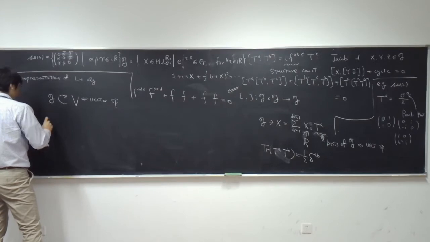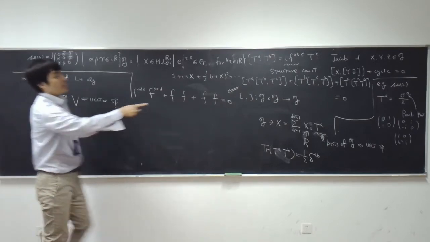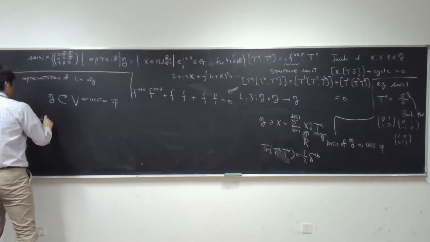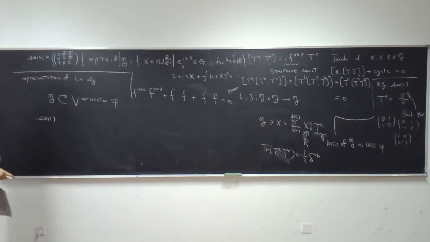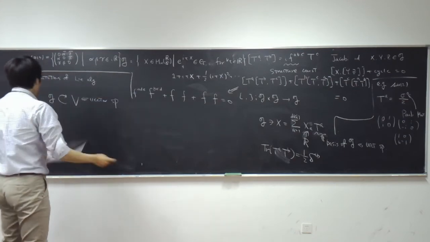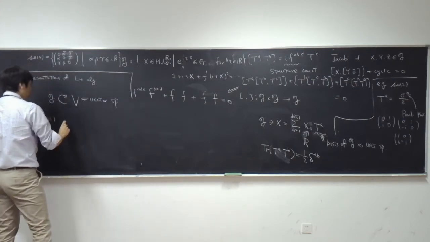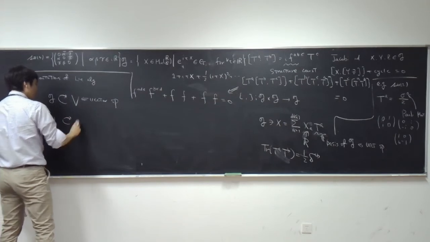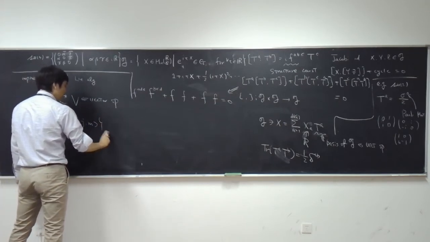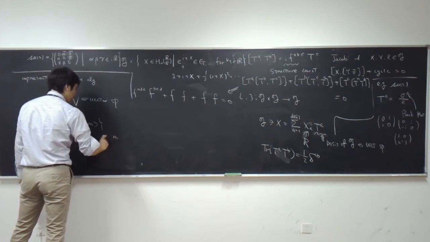For instance, the well-known one: the SU2 algebra is essentially the commutation relations of the Pauli matrices. So we know that it acts on |j, m>, where m runs from minus j to j.